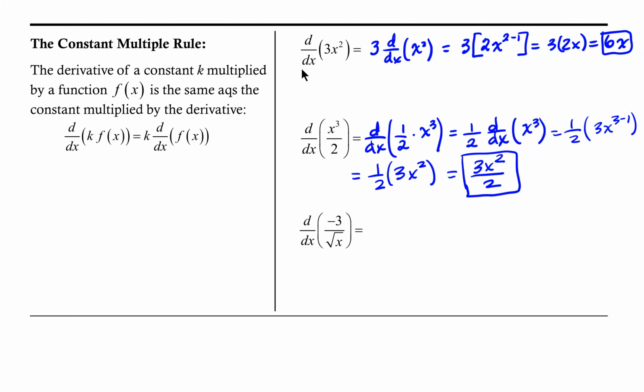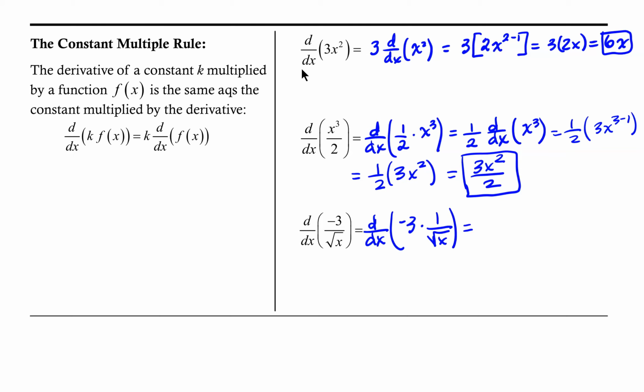Our third example here, again, doesn't necessarily look like an opportunity for the constant multiple rule. However, much as we did before, we can rewrite this as the derivative of negative 3 times 1 over square root of x.